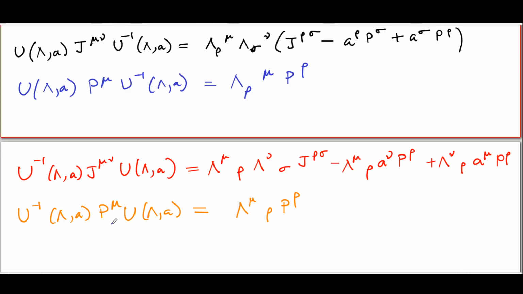Now, if you look at the second of the two equations, it's actually easy to see what is going on here. Instead of the vector transformation coefficient lambda mu rho, you are ending up with the covector transformation coefficient, which actually confused me quite a lot when I first met this. Exactly why should a true blue covector like P upper mu pick up a covector transformation coefficient?